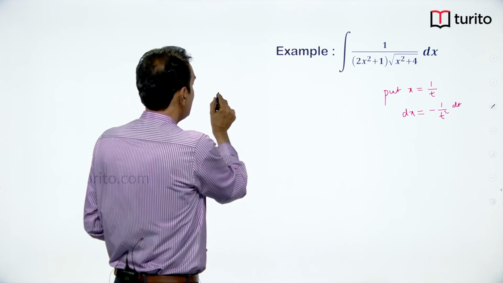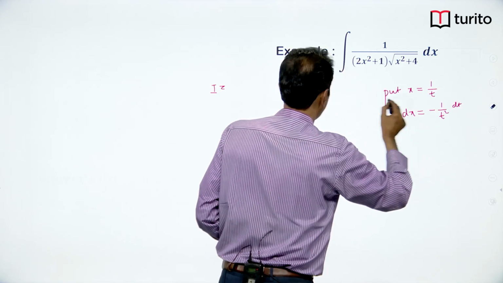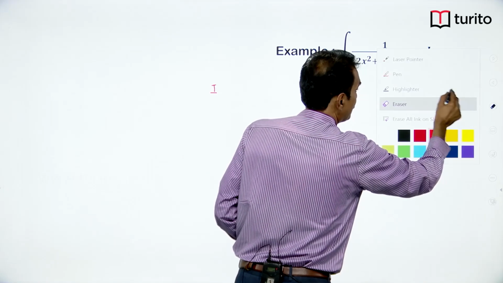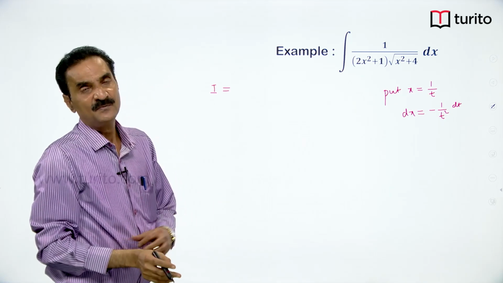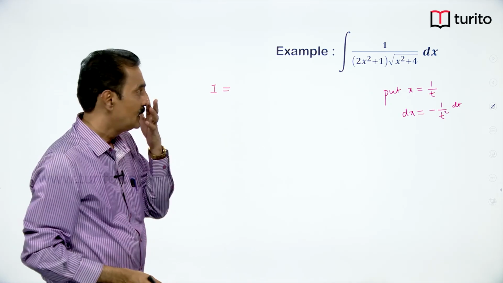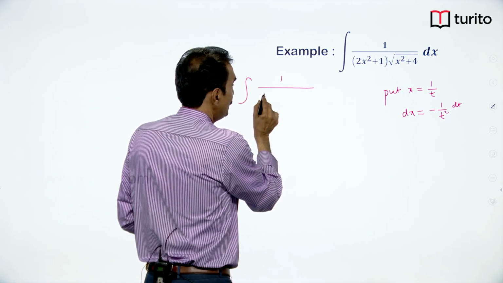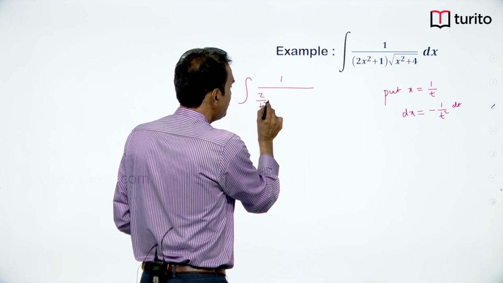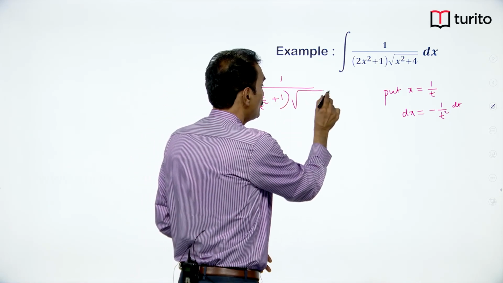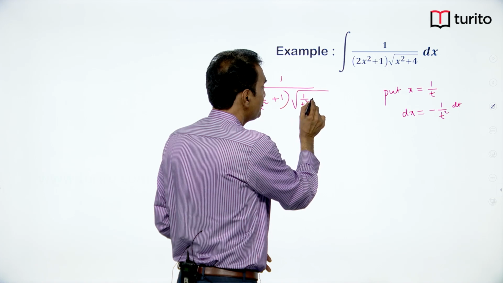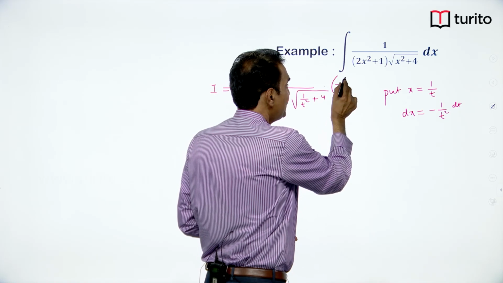Then that integral I, in any question we can assume that the given integral is I, is equal to integral 1 by 2 by t square plus 1 into root over 1 by t square plus 4 into minus 1 by t square dt.